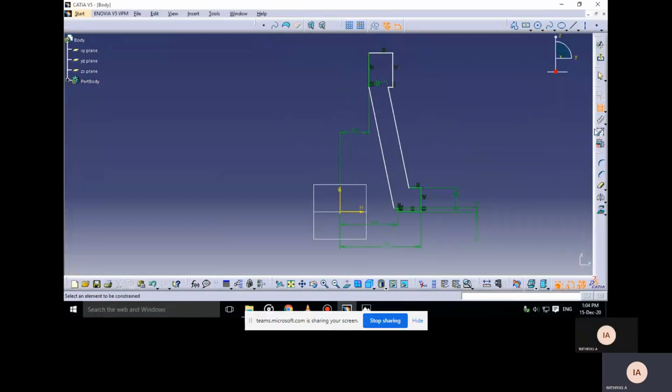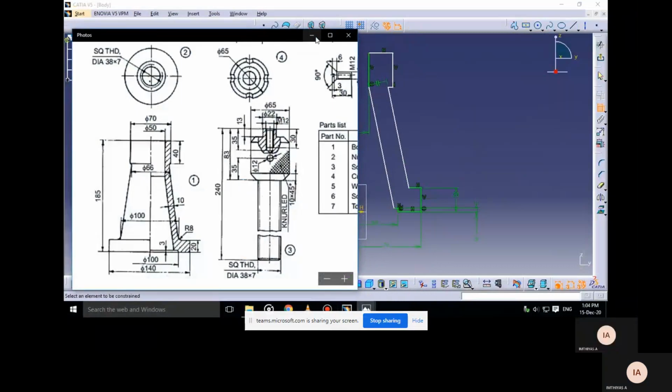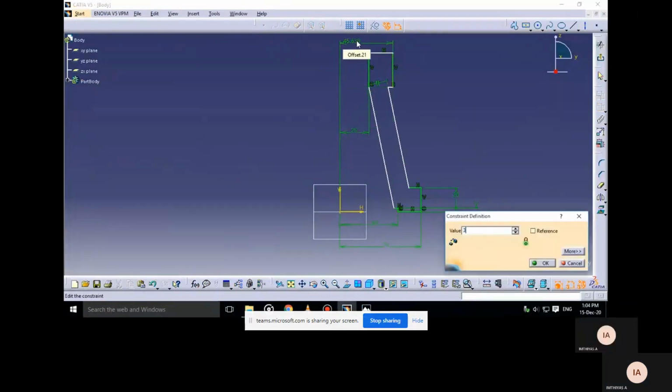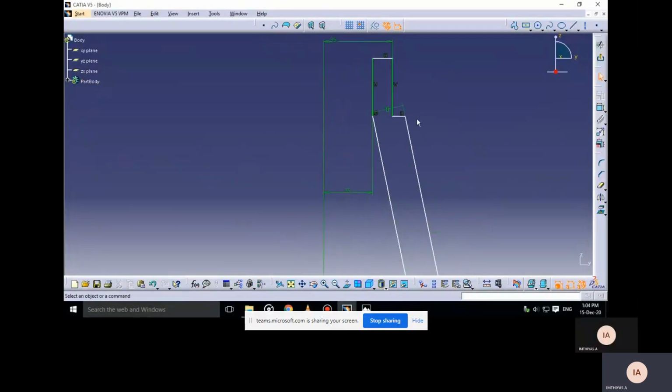The diameter is 50, so the radius is 25. Half of the diameter is 25, and then for the outermost end it is 70 mm, so half of the dimension is 35 along with the center line. Sorry, 70 divided by 2, 35.